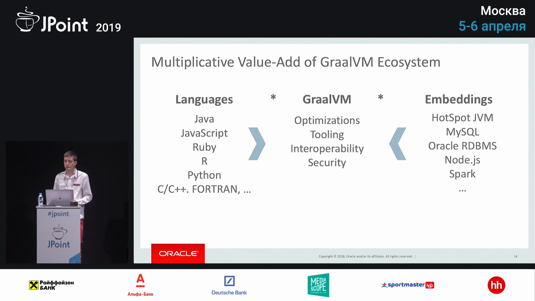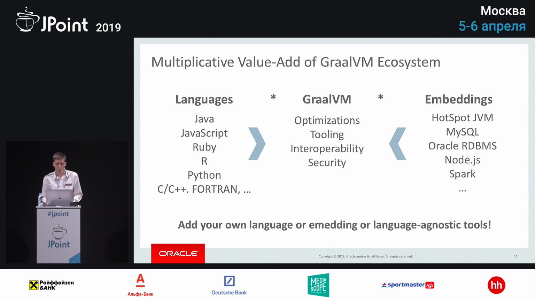You can embed GraalVM in certain databases, data stores. You can run Spark with GraalVM, but you can also run it on HotSpot or on the Node.js platform. And in the middle, you have the value add of GraalVM, which is all of the common optimizations, tooling, and interoperability that the GraalVM language platform uses.